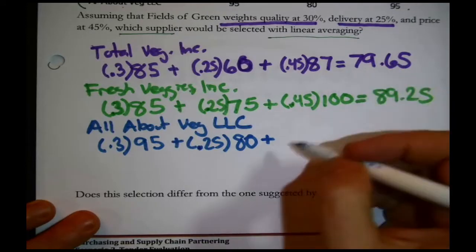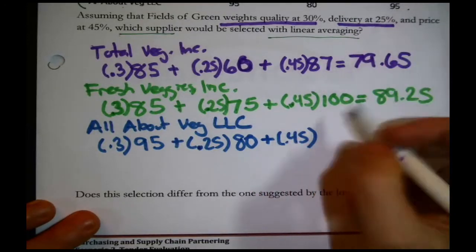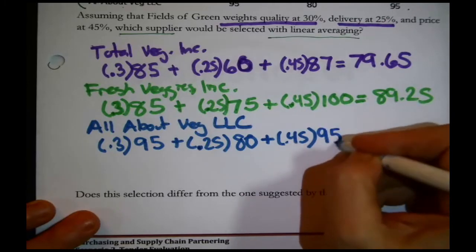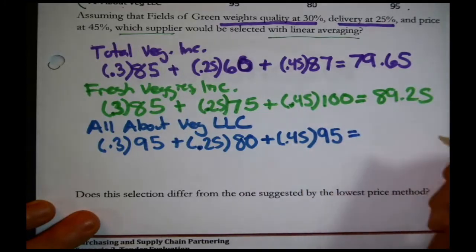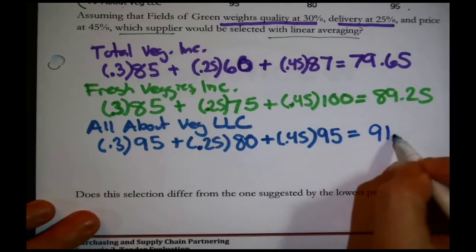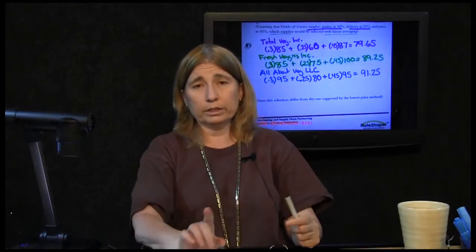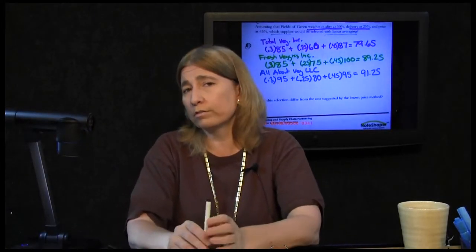Plus price, 45% weight on price, and we gave them a 95. Okay, that plus that plus that, I get 91.25.